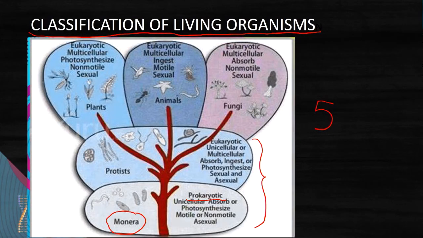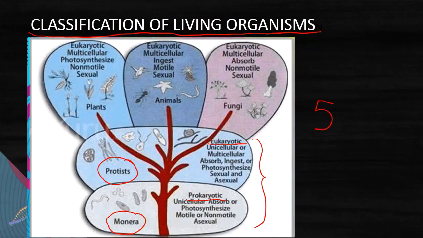The next group, which is slightly more complicated, is the Protists. The reason why they are slightly more complicated is they are eukaryotic, meaning they have a proper nucleus. They've got a cytoplasm, they've got organelles, so they are proper cells as we know them.